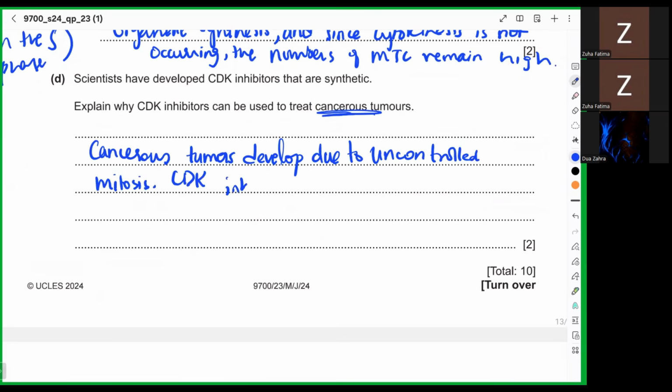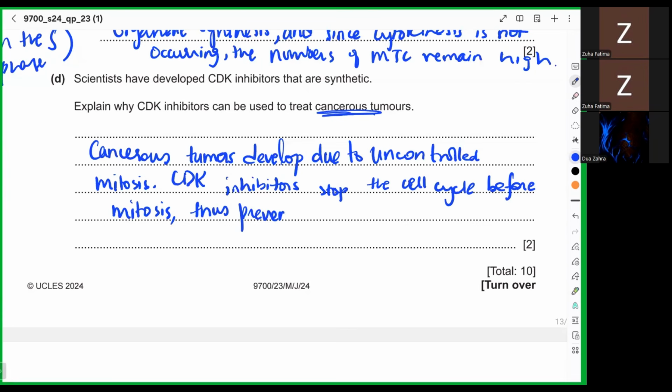CDK inhibitors stop the cell cycle before mitosis, thus preventing uncontrolled cell division.